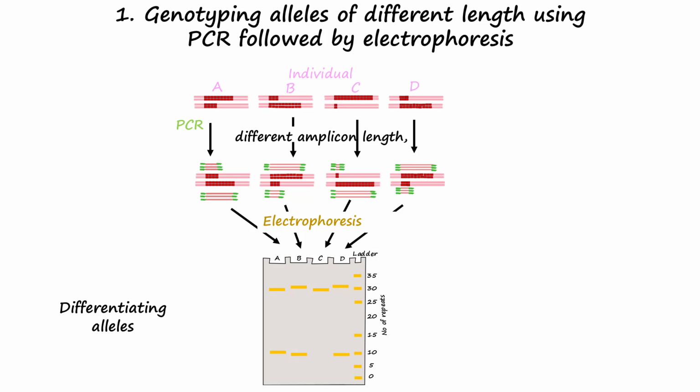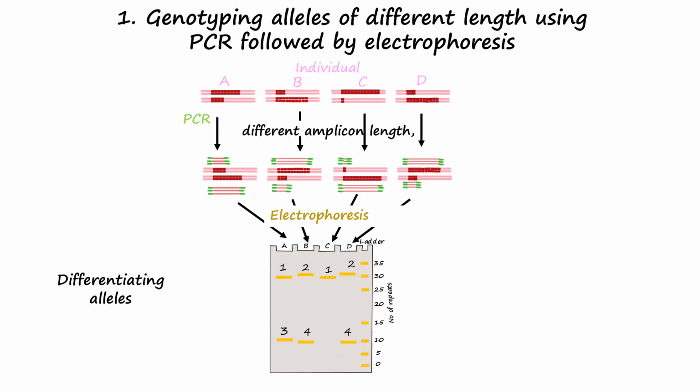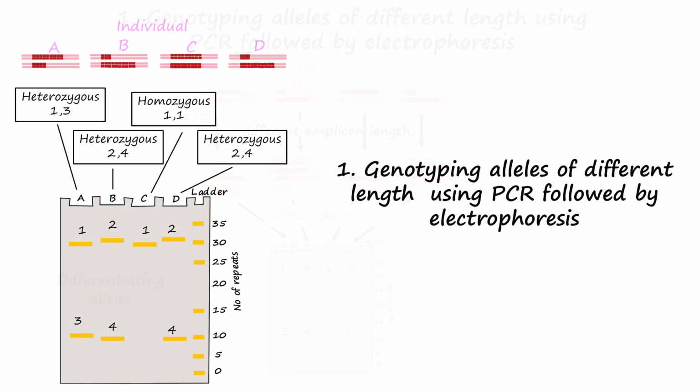Alleles present in the individual can be determined by comparing the DNA bands obtained from an individual to a simultaneously run DNA ladder. As seen, individual A has 2 bands and is a heterozygote with alleles 1 and 3.